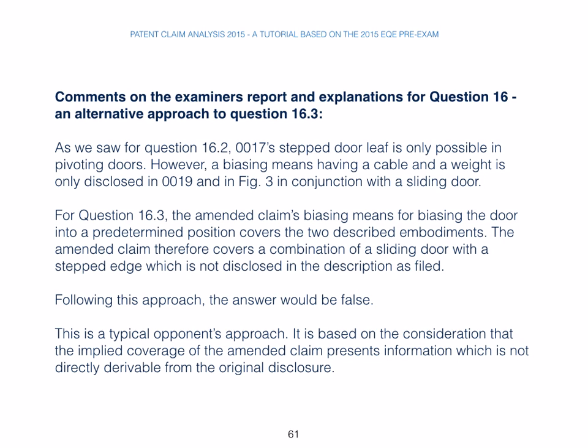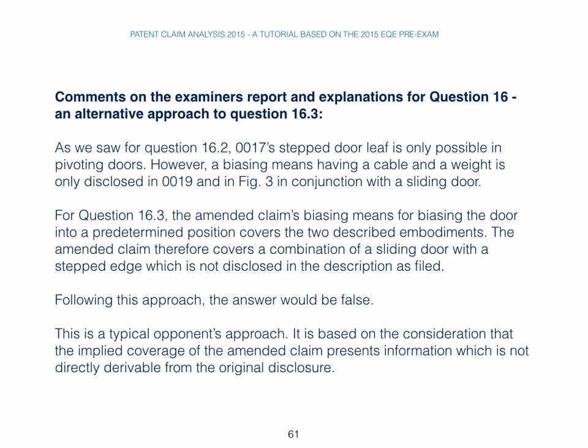This is a typical opponent's approach. It is based on the consideration that the implied coverage of the amended claim presents information which is not directly derivable from the original disclosure. In Claim 1.7, the biasing means for biasing the door into a predetermined position is interpreted to mean suitable for biasing the door into a predetermined position, be it a closed position or an open position or any predetermined position.